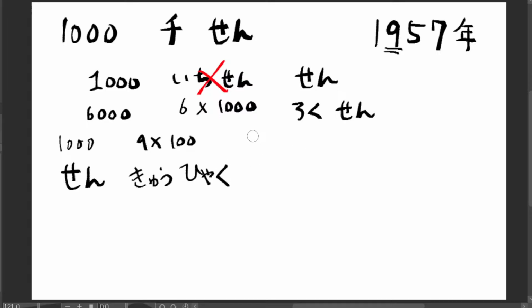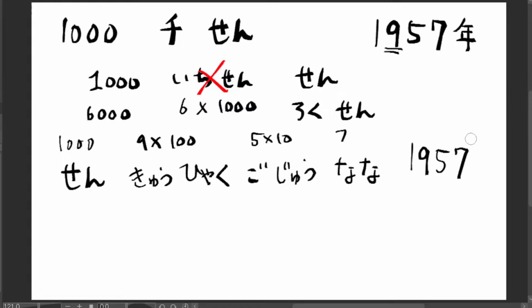And you have 5 times 10, so go ju, and then you have nana, 7. So 1957.